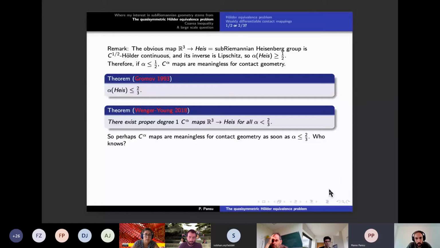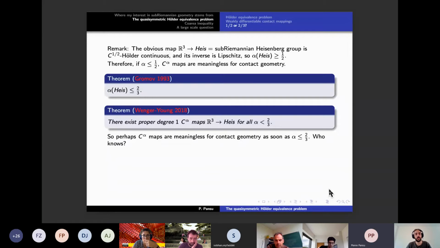What this means is that Hölder maps with exponent less than a half simply have nothing to do with contact geometry. They make no difference, or little difference, between contact sub-Riemannian and Riemannian. So they're just useless.